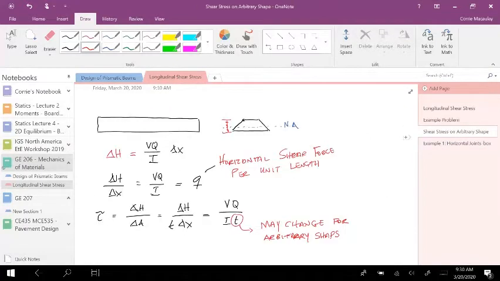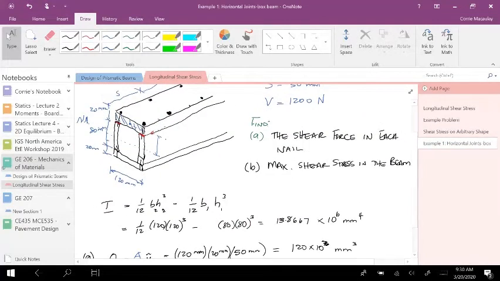But remember, if we go back to our beam, we have these nails, and we're saying that these nails can help resist the movement of that board, but basically as large as the spacing of the nails.